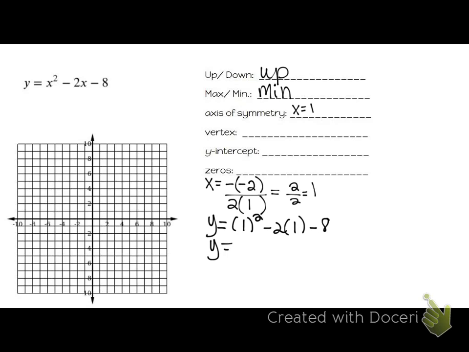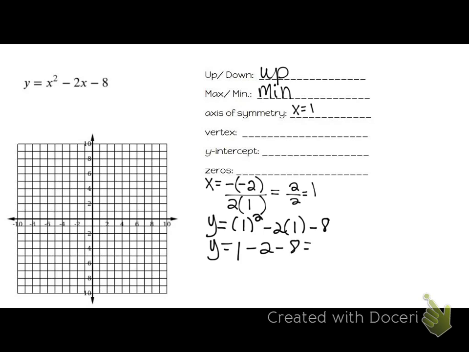So 1 squared is? 1. Yes. What's 1 times 1? And then what's negative 2 times 1? And then I bring down my minus 8.